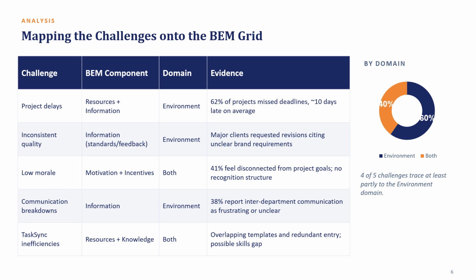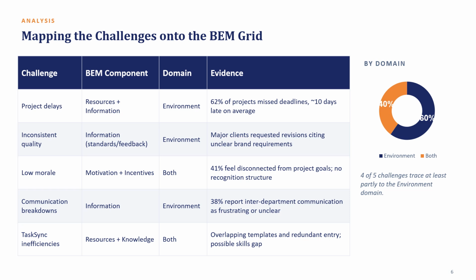Now, how did I go about mapping the challenges onto the BEM grid? Every challenge has been mapped onto the BEM component domain and evidence provided for each of them. The project delays are mapped to resources and information, which is under the environment domain.